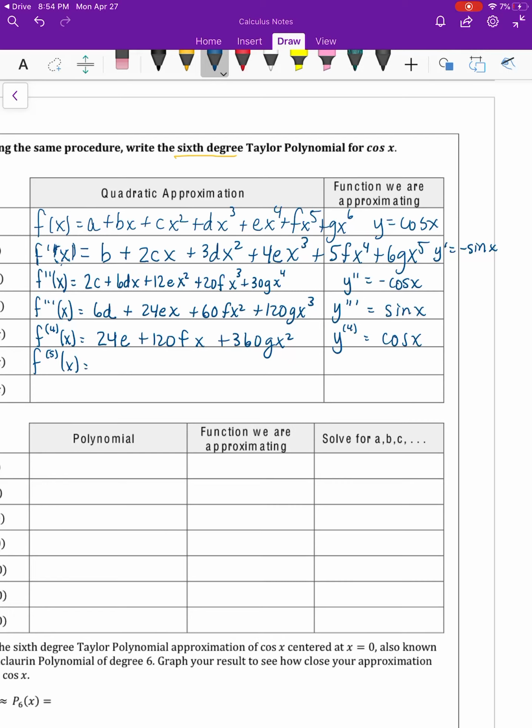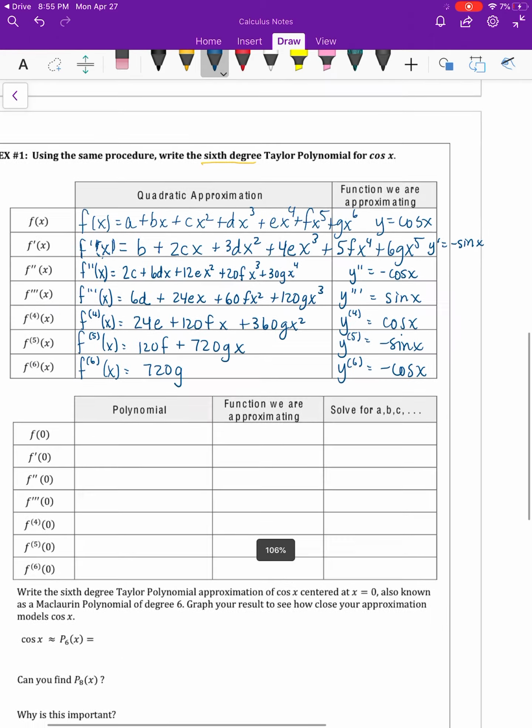Our fifth derivative is going to be 120f plus 720gx. And our fifth derivative here is going to be negative sine x. Our sixth derivative is going to be 720g. Our sixth derivative here is negative cosine x.